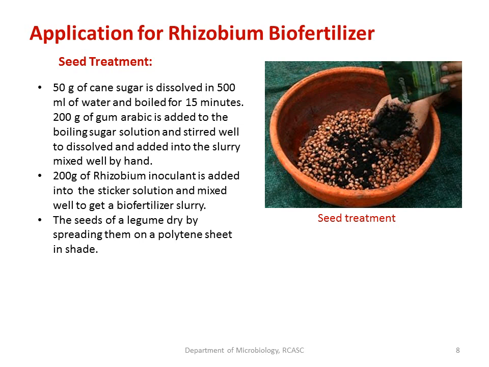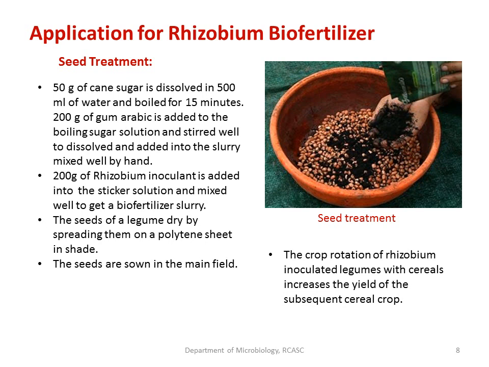Later, the seeds of a leguminous plant are mixed with this slurry and spread on a polythene sheet in shade. Once the seeds are dried, they are sown in the field.